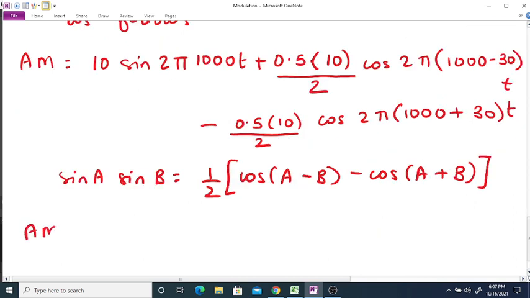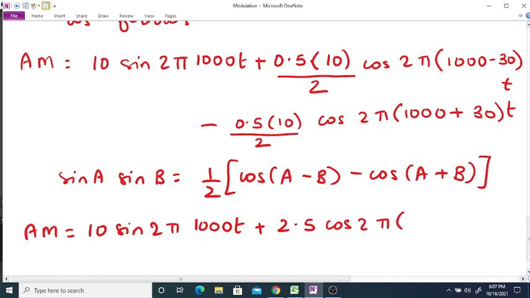So, if we simplify it further we will get 10 sin 2 pi 1000 t plus, now 0.5 into 10 will be 5, divided by 2 will be 2.5, cos 2 pi 1000 minus 30 will give us 970 t, minus 2.5, again here cos of 2 pi 1030 t.